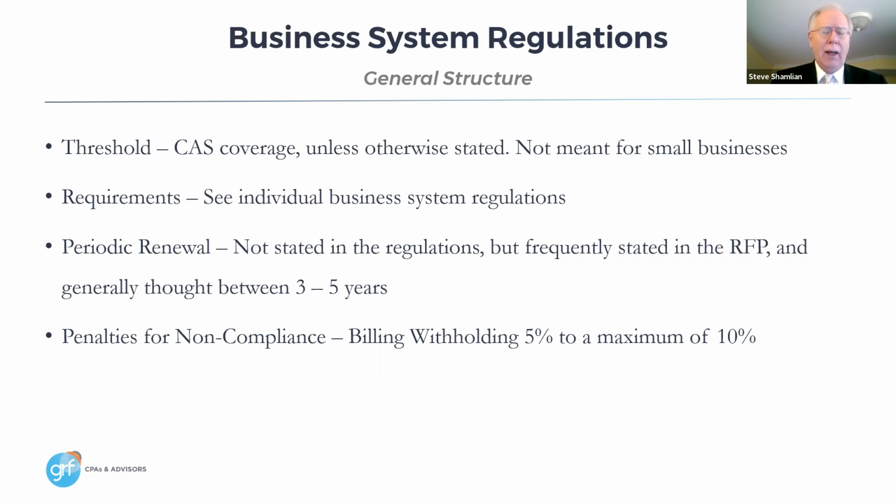And there are penalties for non-compliance, and non-compliance is defined as any material deficiency in complying with any of the standards. If you have a material deficiency, you're subject to a billing withhold of between 5 and 10%. So if you have multiple deficiencies, the billing withhold is capped at 10%.